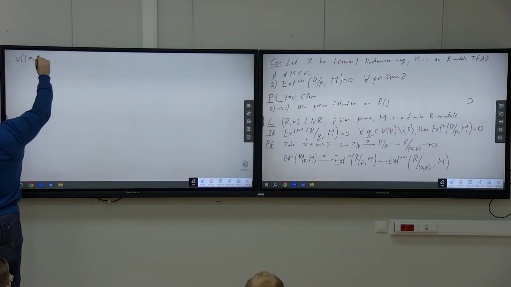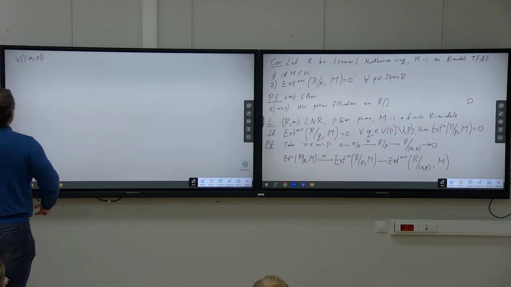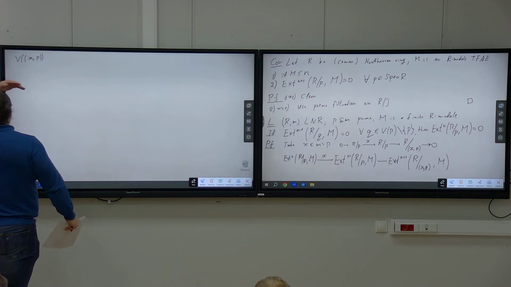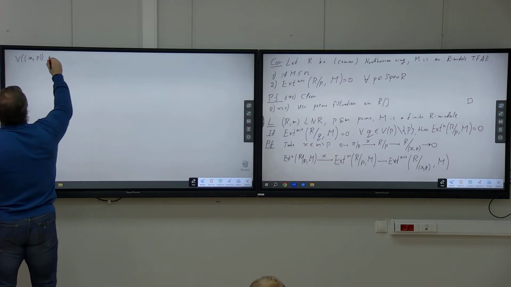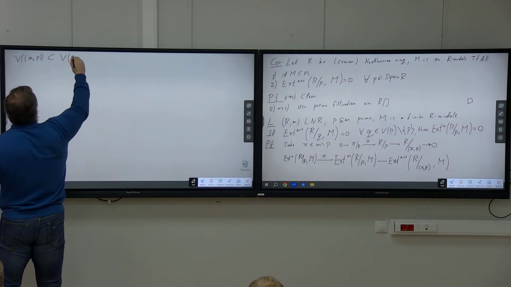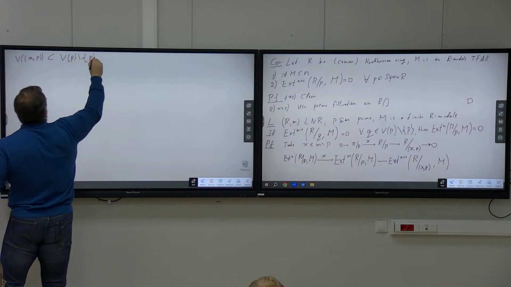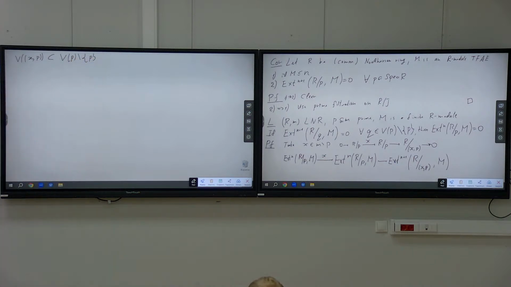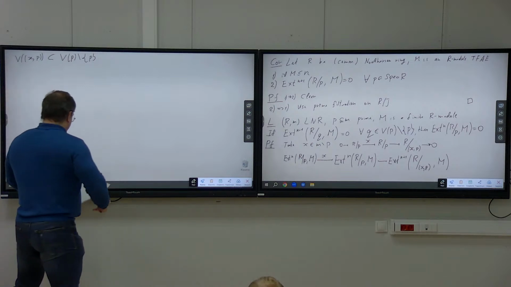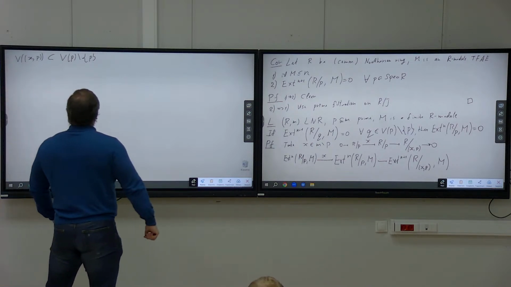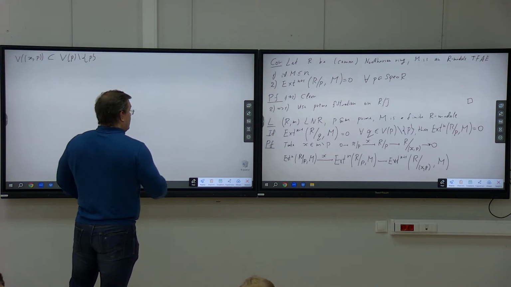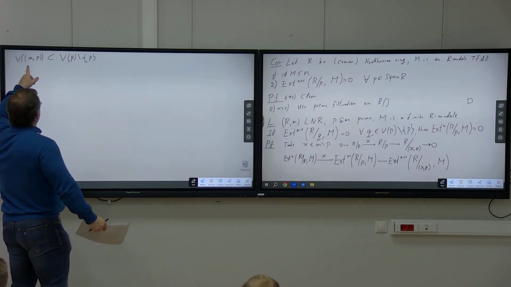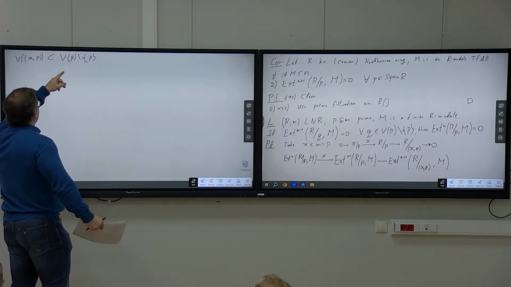So this will be all the prime ideals containing 𝔭 and also containing x. x is not in 𝔭, so this is contained in V(𝔭) minus {𝔭}. Right? So this ideal has this containment.